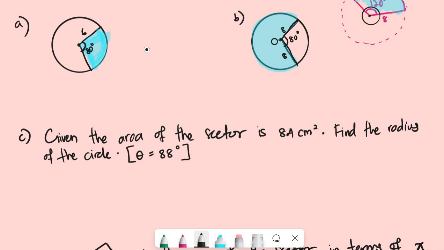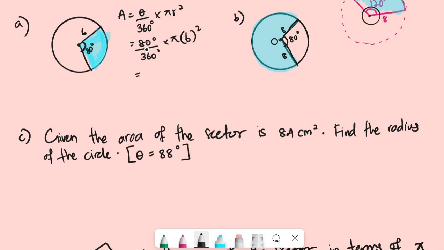So the first example would be this. I would like to find the area of the shaded part. How will I do so? I know area equals theta over 360 degrees times pi r squared. So theta here I know is 80 degrees over 360 degrees times pi, and the radius I'm going to square it.